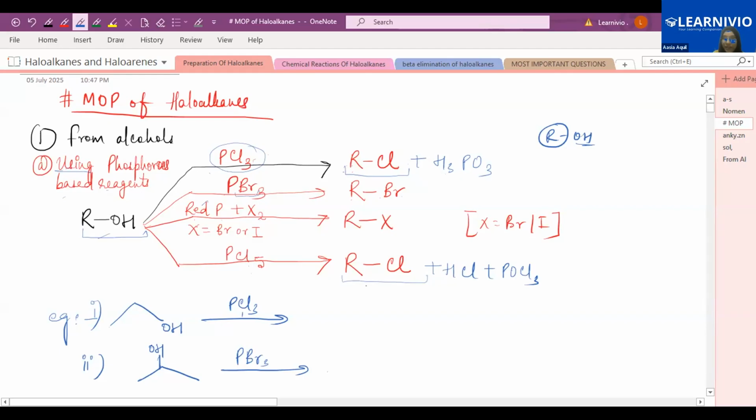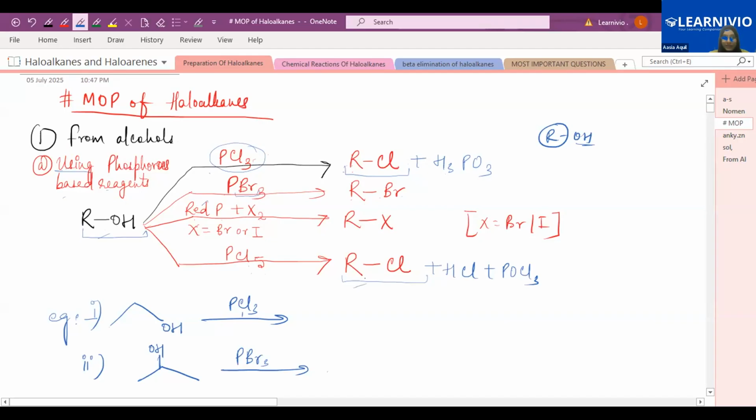OH will leave and you will get Cl. Because chlorine, you know very well, is most electronegative, there is a negative charge over the chlorine. And on the R there is a carbon, right? So this chlorine will attack that carbon of the alkyl group, and you will get the haloalkane.